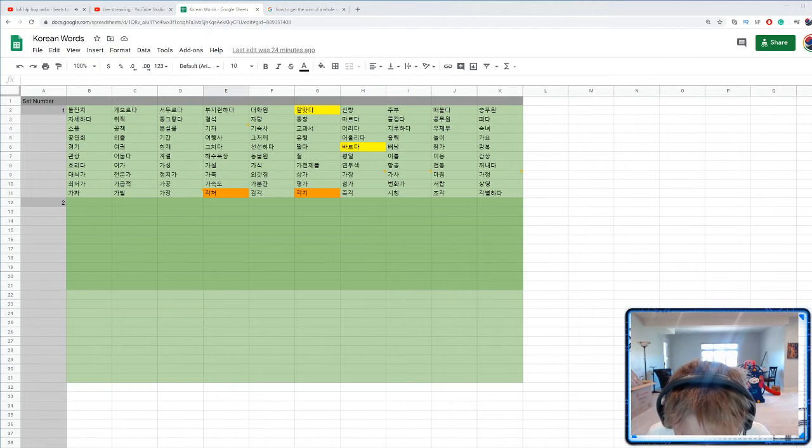Okay, 음력. 음력 is the lunar calendar. 떨다 is to shiver. 떠들다 is to make a noise. 가전제품 is household electronics, home appliance. Okay, I'll put that over there just because. 연두색 is yellow-green. 널리 is play, pastime play.